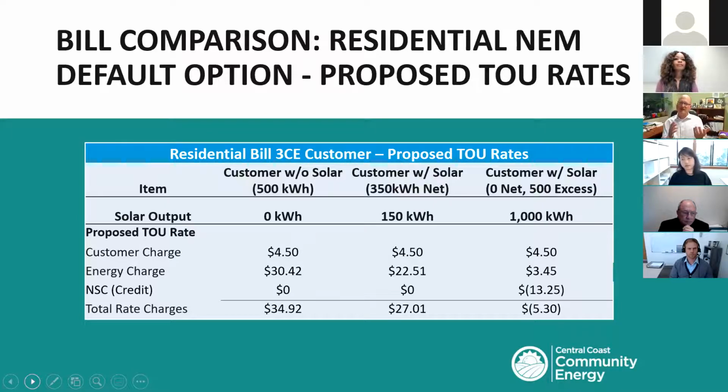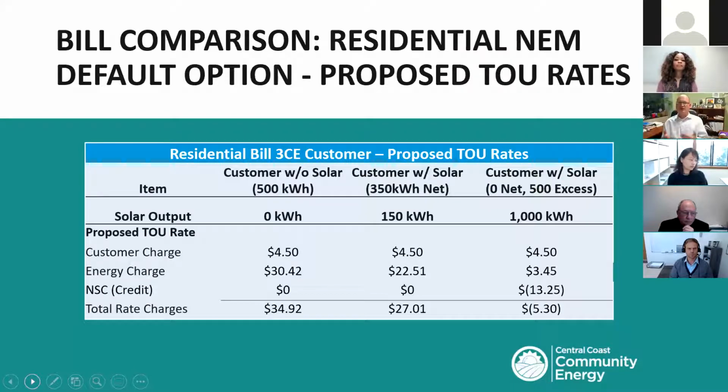You can see that first customer without solar is using about 500 kilowatt hours a month. They'll have a customer charge of $4.50, which applies to all residential customers. There's an energy charge of about $30, so total net charges of about $35. The customer with the smaller solar system is generating about 150 kilowatt hours a month.